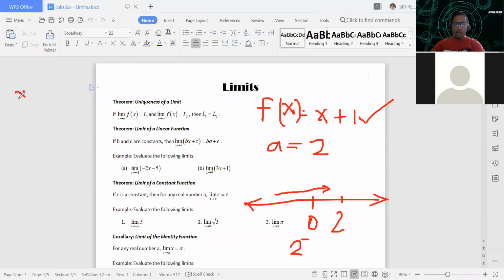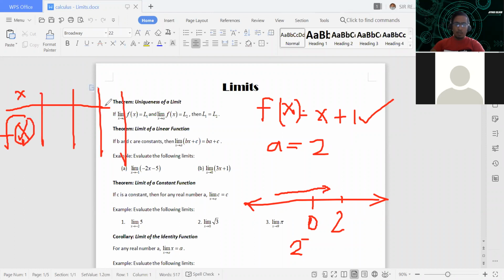So if this is your x, this is your f of x, then you will pick values closer to 2 from the left hand side. You may pick 0. You may pick 1 because it will get closer and closer to 2.